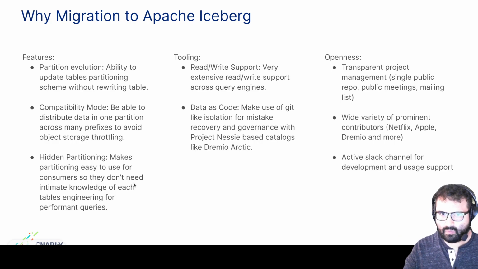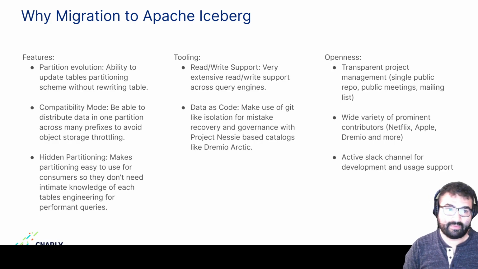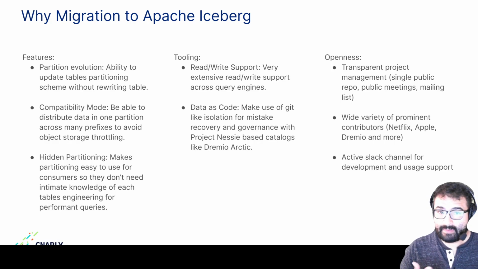Again, to review, why migrate to Iceberg? Again, you have the features. So you have things like partition evolution, which is only an Iceberg feature, not found in other table formats. You have compatibility mode, which just refers to the fact that Apache Iceberg doesn't depend on the physical file structure of the files.